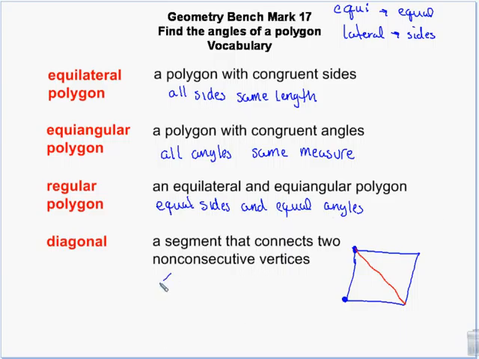It can be straight up and down. If I have a shape like this, a diagonal can actually be straight. The only polygon that has no diagonals is a triangle, because in a triangle you have no non-consecutive vertices. Okay, so triangles don't have diagonals, but everything else will.